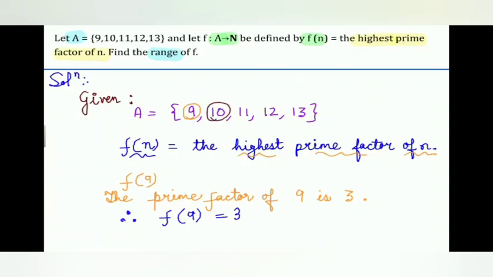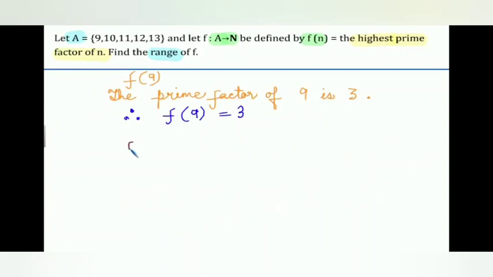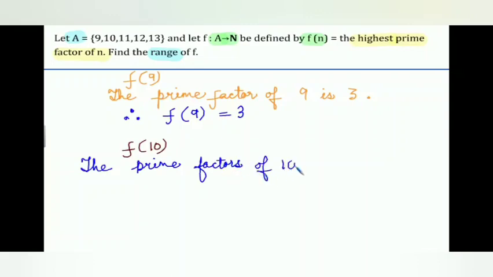Now put the value 10 in our function. f of 10, the prime factors of 10 are 2 and 5.